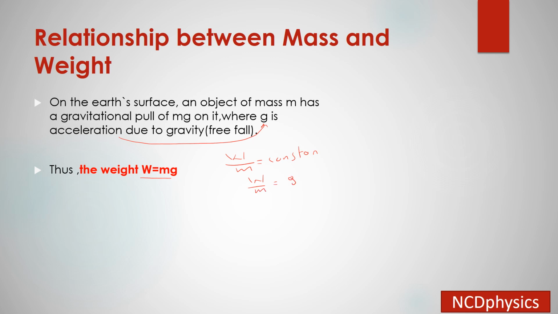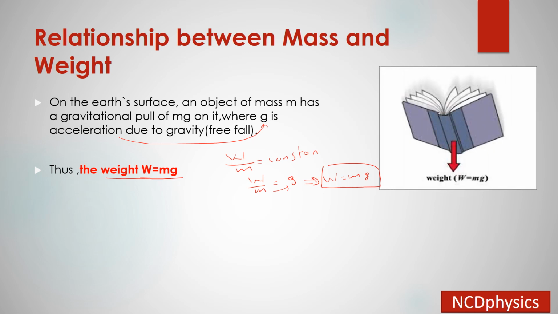So here you do cross multiplication: W is equal to mg. So the weight of an object W is equal to mass multiplied by gravitational field strength or gravitational acceleration.